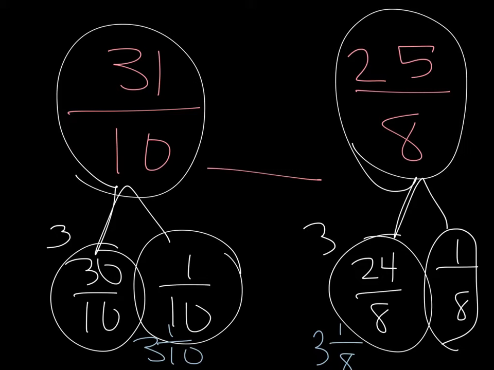Using what we know about comparing fractions with like numerators, we know that the fraction with the smaller denominator will be greater because the pieces are bigger. So we know that 3 1/8 would be greater than 3 1/10. That being said, 25/8 would be greater than 31/10.